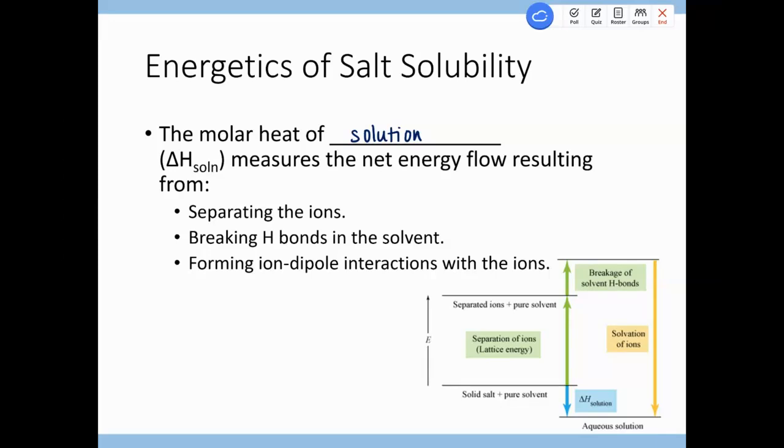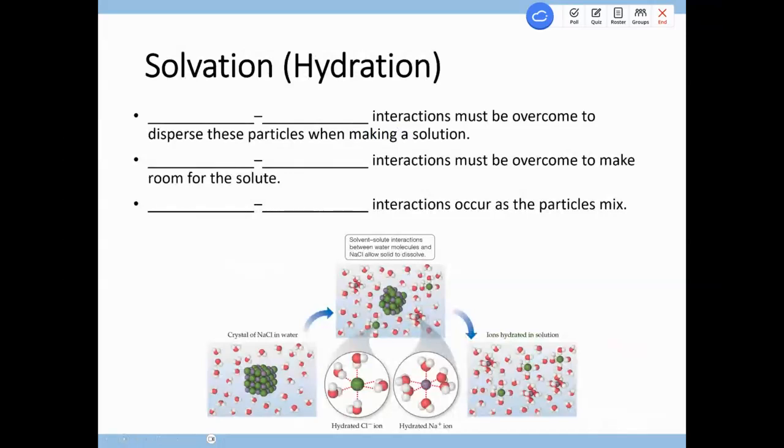This next slide has particle pictures to describe all of this. So we've got solute interactions. So interactions between particles of the solute, so in this case sodium chloride. These have to be overcome.